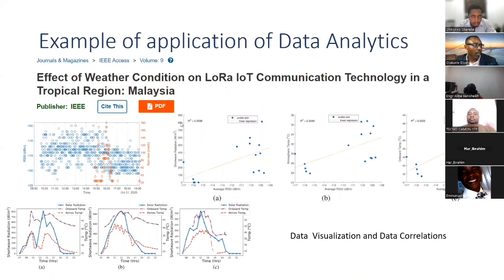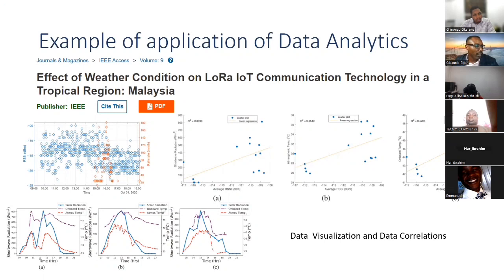Okay. So here's an example of an application of data analytics that I used in my own research work. I worked on the effect of weather conditions on LoRa IoT communication technology in a tropical region, Malaysia. That's one of the works we did last year, and it has been published. All of this I did mostly with Python. You can see I did some correlation studies to see how weather parameters affect the signal strength. Just by using Python, I was able to come up with this publication.